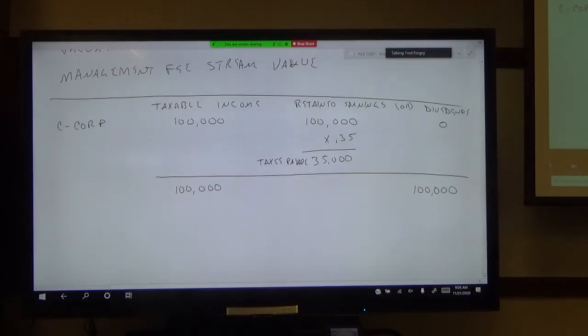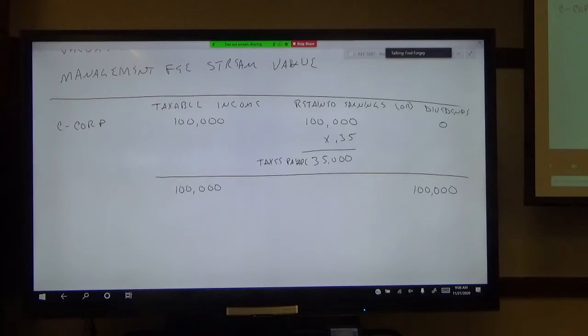You think that you are going to somehow bypass the tax on retained earnings. No, what happens, well, first of all, let's just go with the dividends. Okay, you're paying out $100,000, all of your earnings, all of the taxable income to your shareholders. So they pay whatever tax, but it's on them. Okay? In this first scenario, the shareholders would not have any taxes due. Does that make sense? Because they're not getting any money.